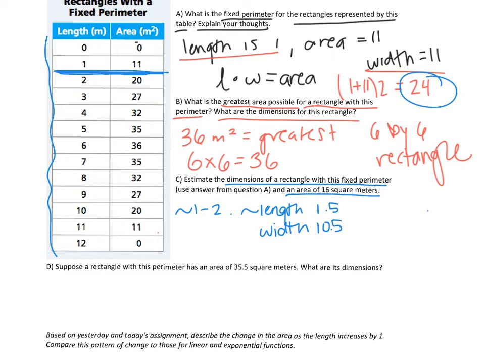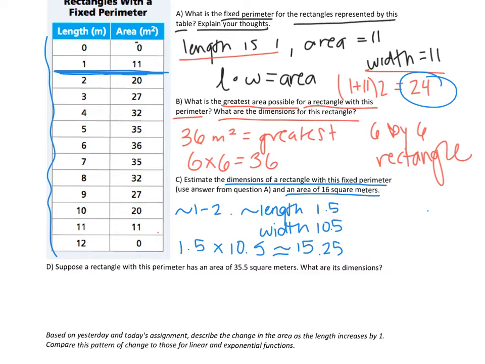And of course, if we did 1.5 times 10.5, we don't get 16. We get approximately 15.25. Okay. So that's how we would be able to use the table to estimate.